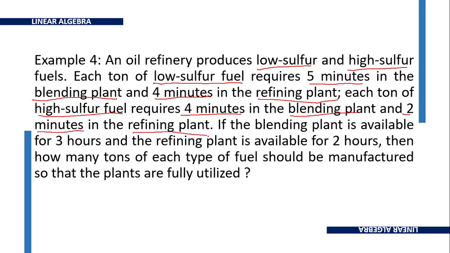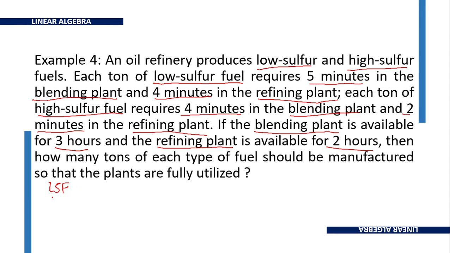Okay? Ayun. So, if the blending plant is available for 3 hours, and your refining plant is available for 2 hours, then how many tons of each type of fuel should be manufactured so that the plants are fully utilized? Okay? So sa low sulfur, sulat natin na low sulfur fuel.